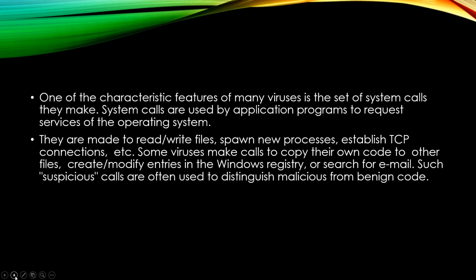If I have frequent system calls, like system calls to create a new process, to create TCP connections, to copy its own code multiple times, or to change the Windows registry entries, all this will give me information that something is going wrong, and this particular application has been infected by a virus.